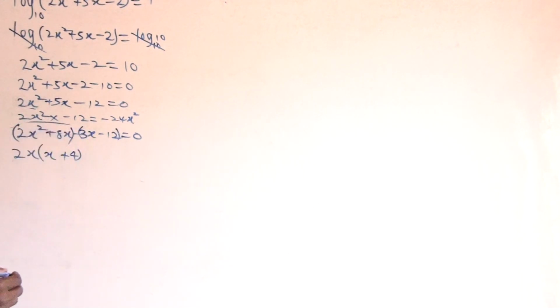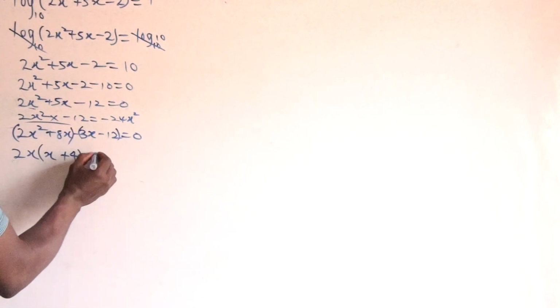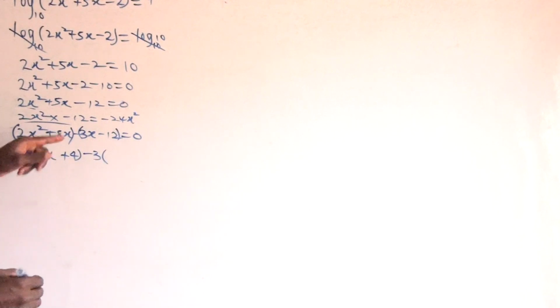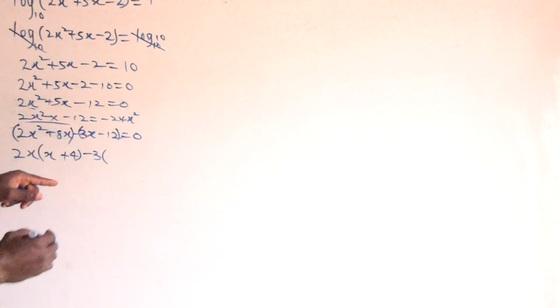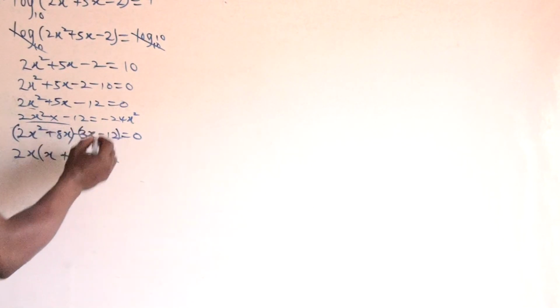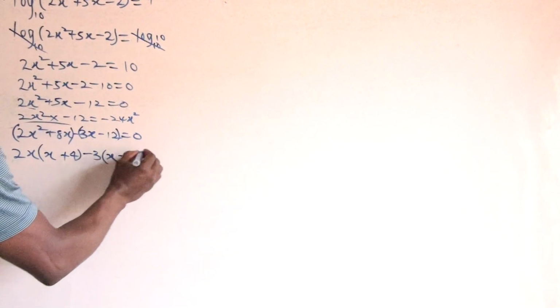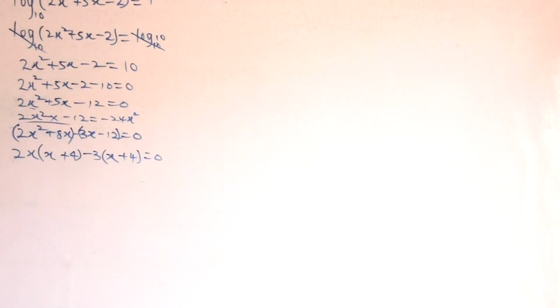Here in this expression, the common factor is minus 3. Okay, minus 3 divided into minus 3x just gives us x. Minus 3 divided into minus 12 will give us plus 4 is equal to 0.